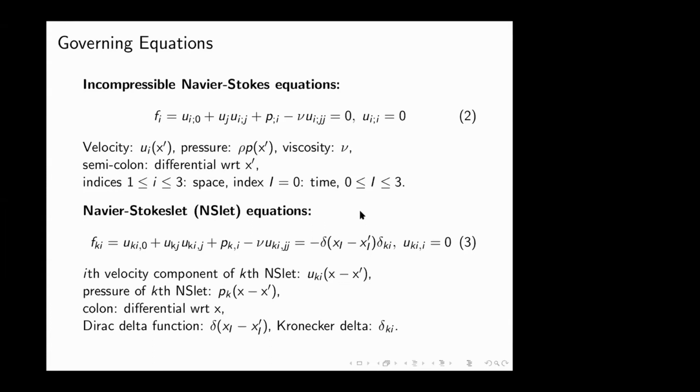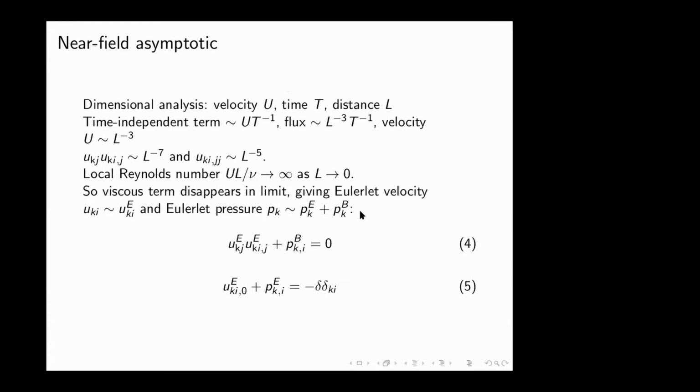Okay, so that's where we're up to. What I'm going to do now is look at the Navier-Stokeslet asymptotically, so close to the origin of the Navier-Stokeslet and far away from it.